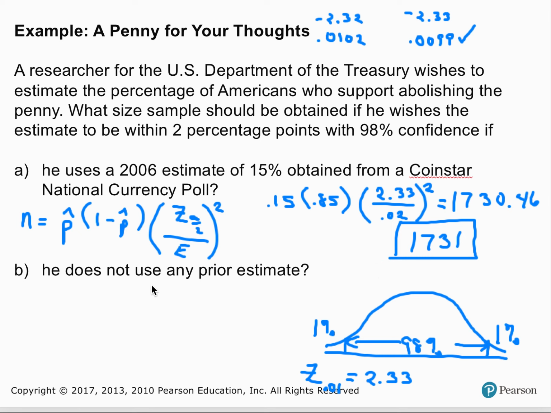What if he does not use any prior estimate? Well, the only thing that's going to change if you don't use a prior estimate is you're going to let p hat be 0.5, right? If you don't have a p hat, let it be 0.5. So I can go back into my formula, second enter again, and I'm just going to change that first part to 0.5 times 0.5.